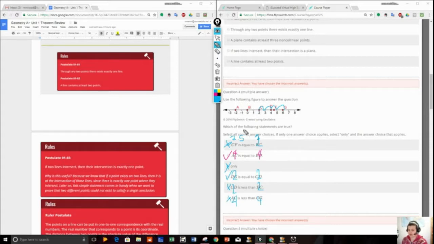The other way you could go through is by using the coordinate or their location on the number line as well.